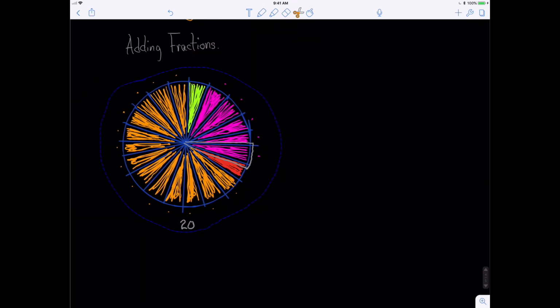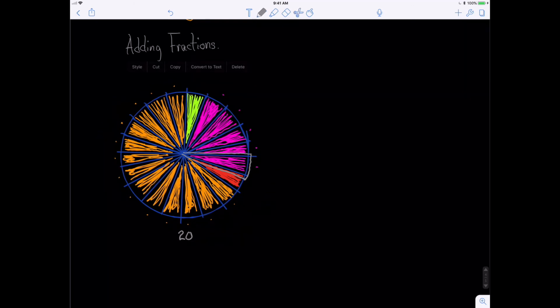Now, notice this. Let's do that in orange. So I have 13 out of 20 pieces that are orange.